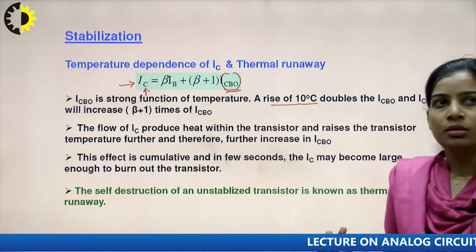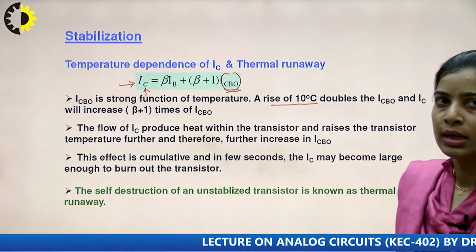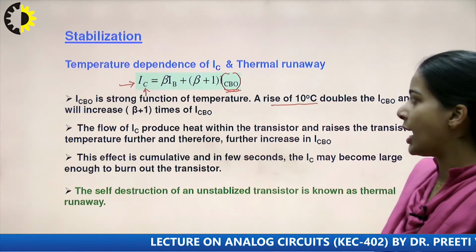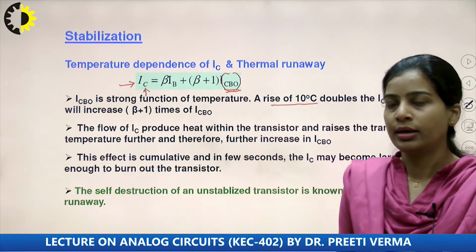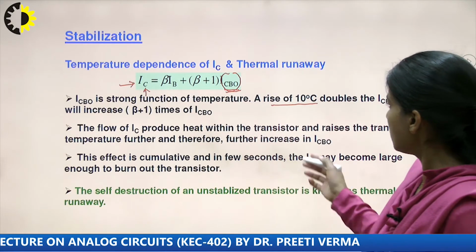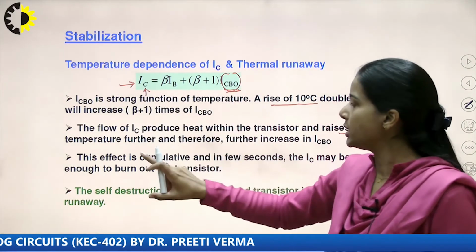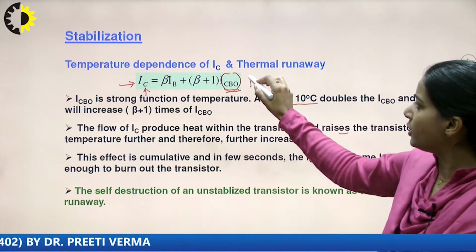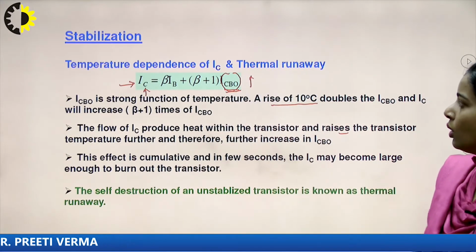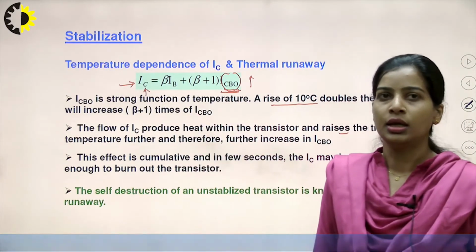Due to the more current flowing through the circuit, there will be more heat dissipation, and that further increases the temperature. When the temperature increases due to the increase in ICBO and IC, that increase in temperature again increases the value of ICBO, and as ICBO increases, IC increases again.